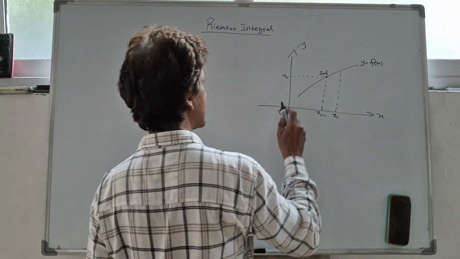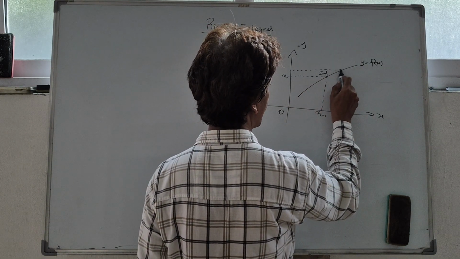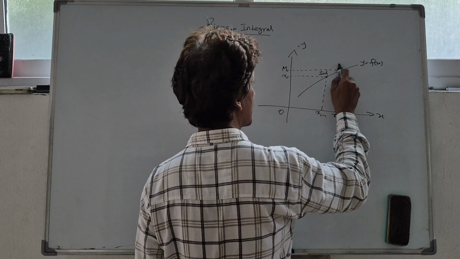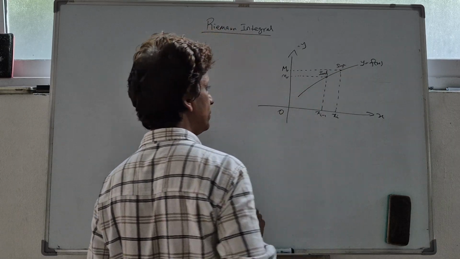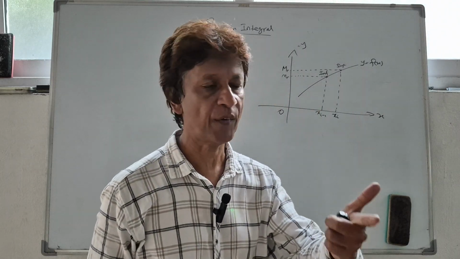And this point over here was the capital M, and this was the supremum of f. So we have two things here, the infimum of f and the supremum of f.